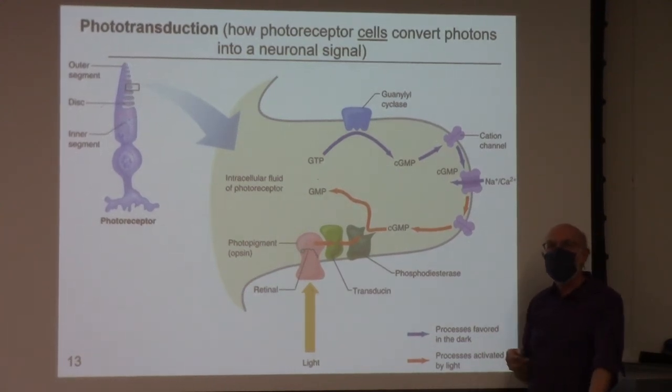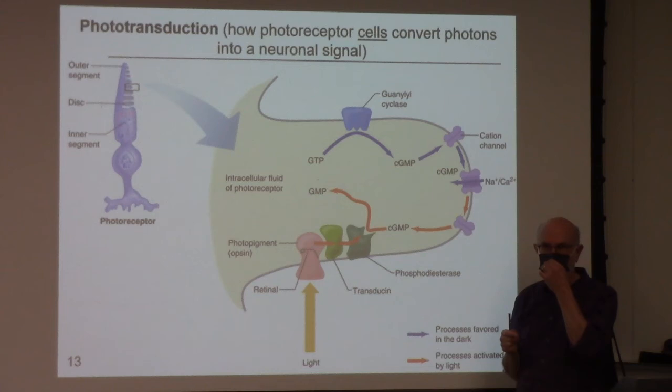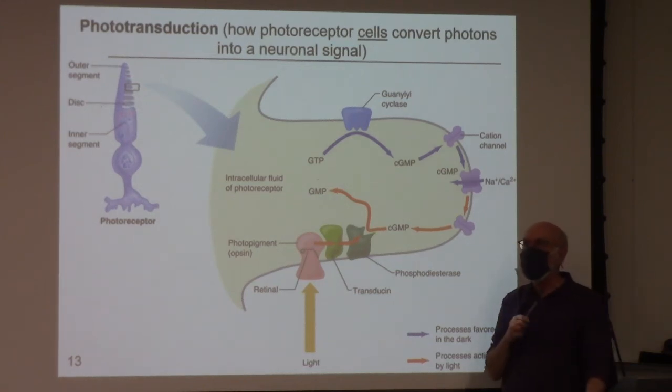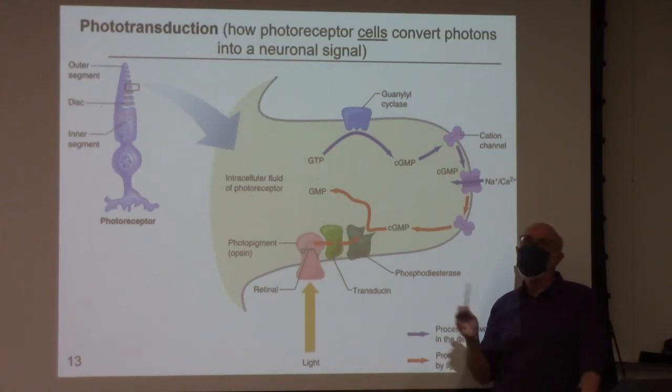So in the dark, do these cells have a highly depolarized, quote, resting potential, or are they hyperpolarized relative to, say, normal cells? But you already know the answer to this. You can apply from exam 1, your knowledge. Are these cells in the dark depolarized compared to a typical cell or hyperpolarized compared to a typical cell?